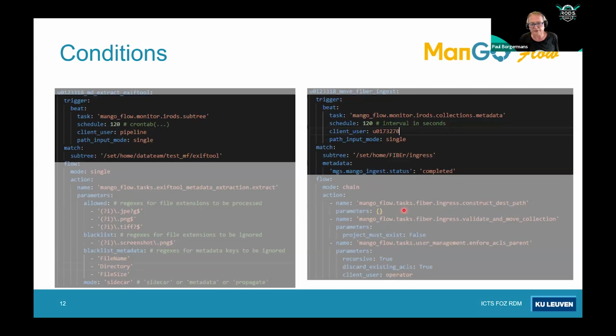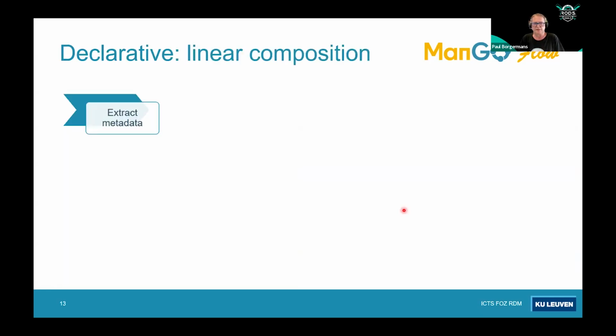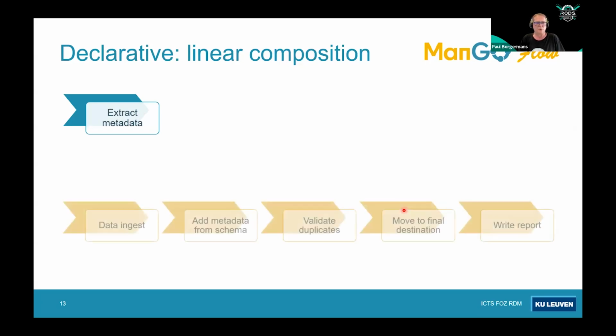The further declarative part is basically the composition of workflows, composition of basic building blocks. It can be as simple as a single block. For example, here, suppose we want to extract some metadata out of a data object and then put it in as AVU triplets. Or it can be a linear composition. A linear composition is like a chain.